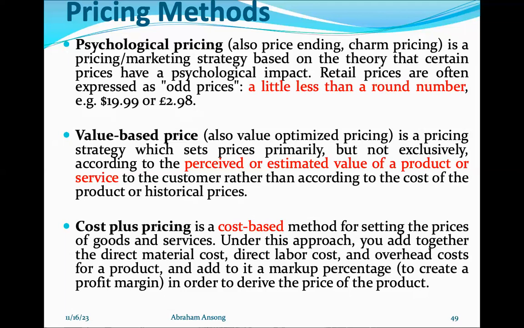Or £2.98, right? You almost will forget about the 98 and think that the product actually costs £2 sterling. So marketers are also aware of this, and some employ that, especially in Europe. Okay, when it comes to pricing strategy, they'll just set it at odd prices, and that normally can play some tricks on you to buy.